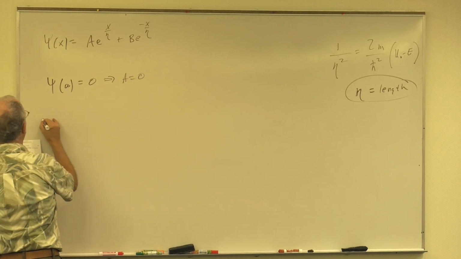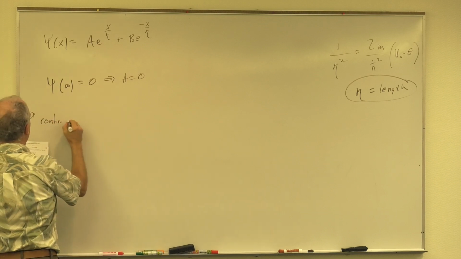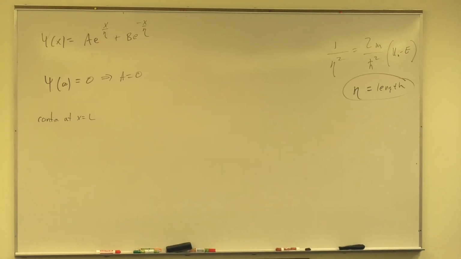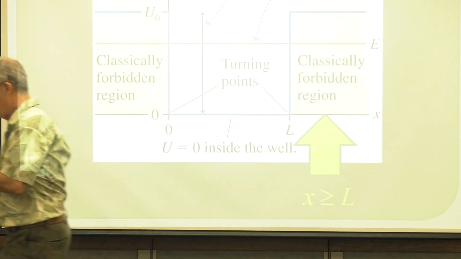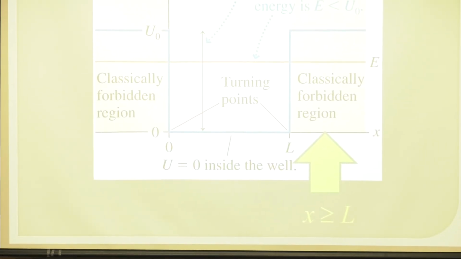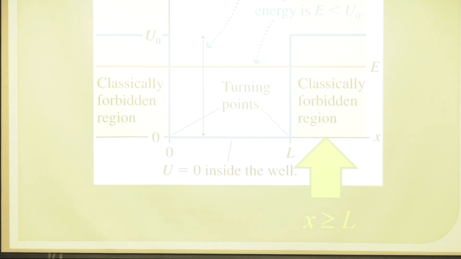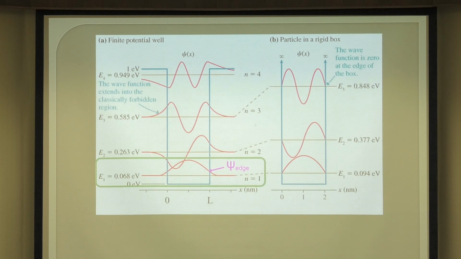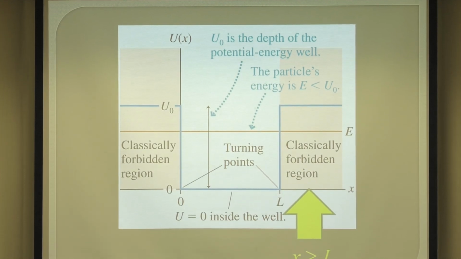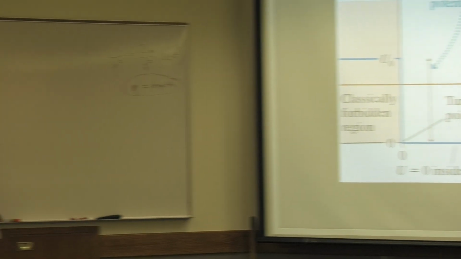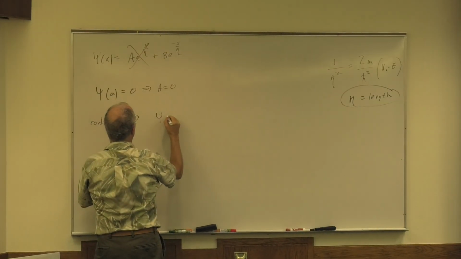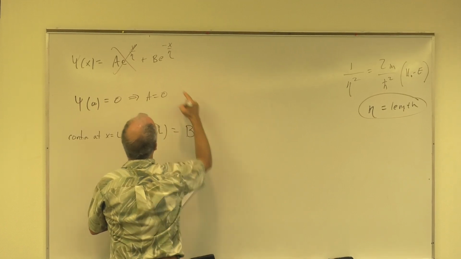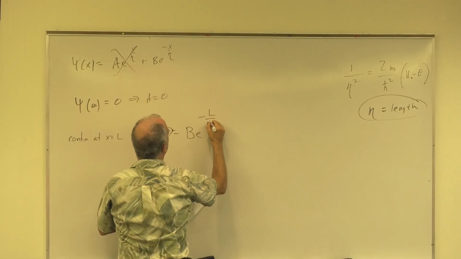Now we want it continuous at x equals L. That's what we're dealing with. So a is 0, goodbye. We're going to say psi at L equals b e to the minus L over eta.